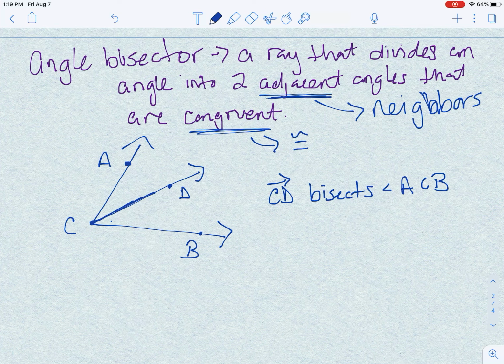CD is bisecting the angle, which means it's cutting it into two congruent pieces. If it's cutting it in two congruent pieces, you might see those congruent marks. You might see angle measures that are the same, or you might have a statement where angle ACD is congruent to angle DCB. All of that would mean the same.